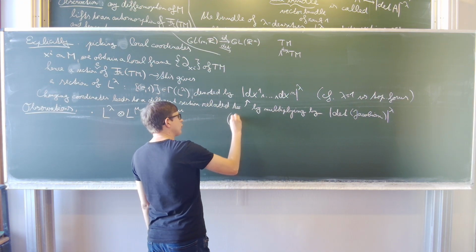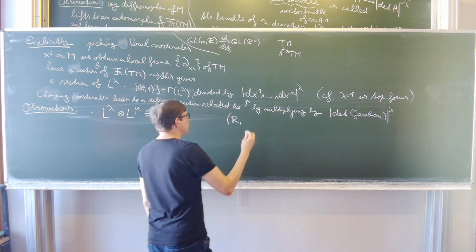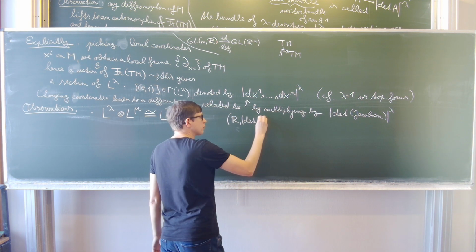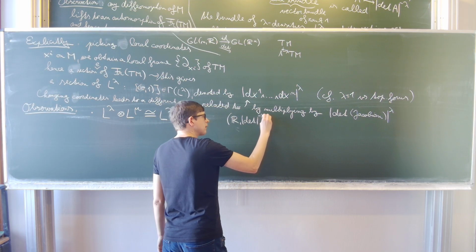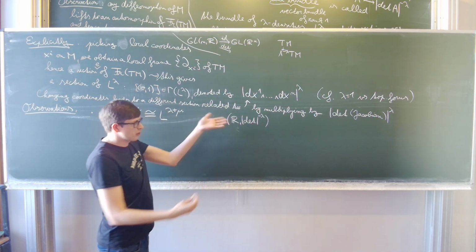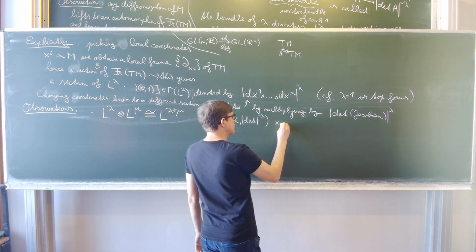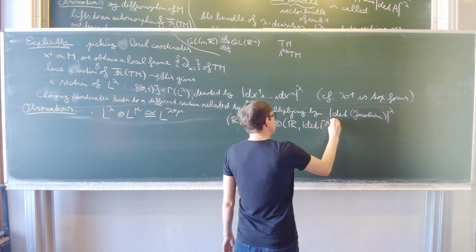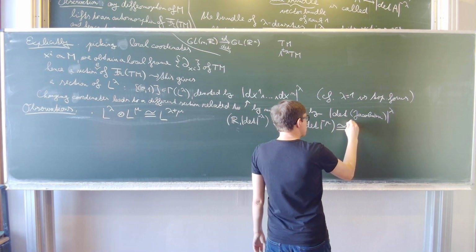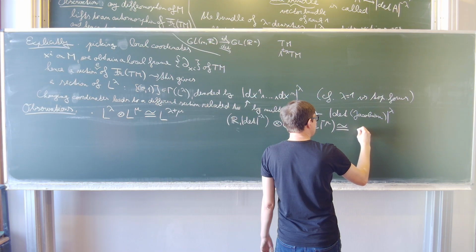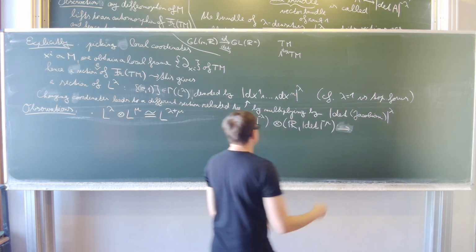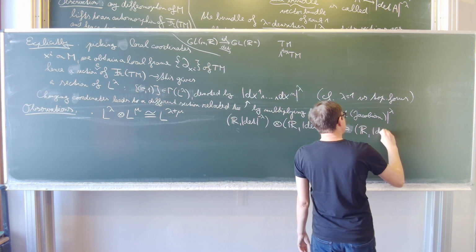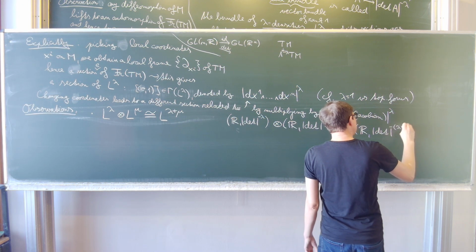So if I have a one-dimensional representation of GLN given by determinant to some power minus lambda, and I tensor it with this thing, then as representations there is a natural map where you just multiply the numbers, and you can check that this is in fact an equivariant map between representations of GLN.